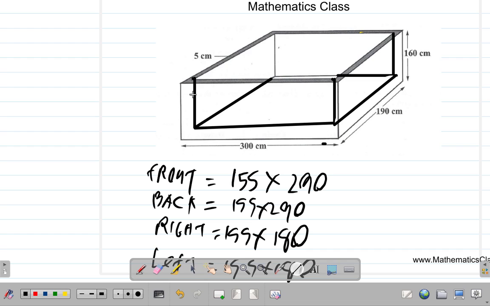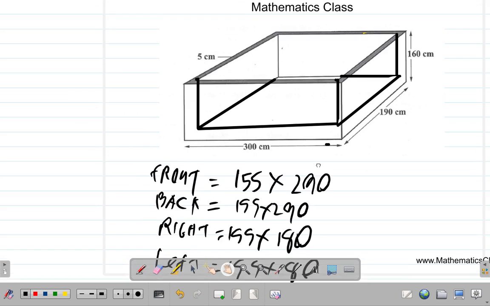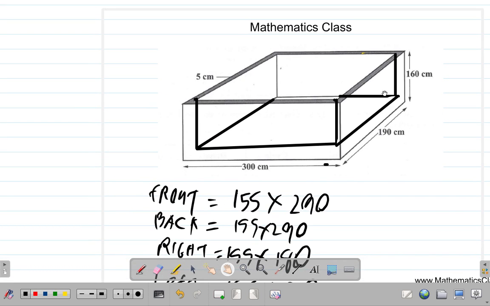300 minus 5 minus 5, that's 290. The base would be 290 wide. So the width of the base is 290, times the length. You take 5 from the front and 5 from the back, so 190 minus 5 minus 5.